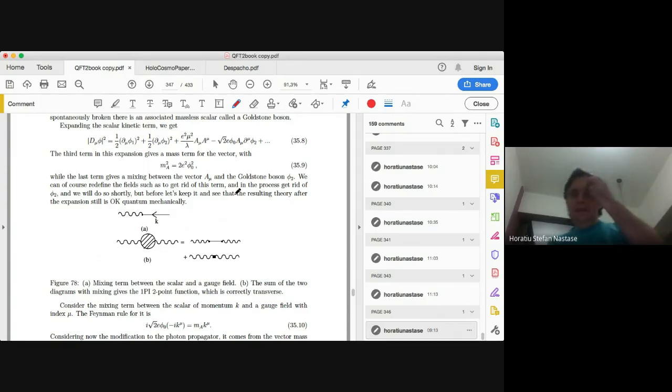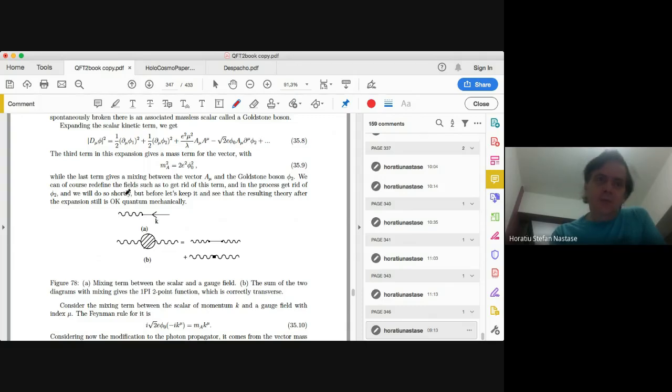And what does mixing mean? Well, when you have a mixing, at the quadratic term level, you have one field times another field. The way to do it is to diagonalize the kinetic term, so to remove this mixing.